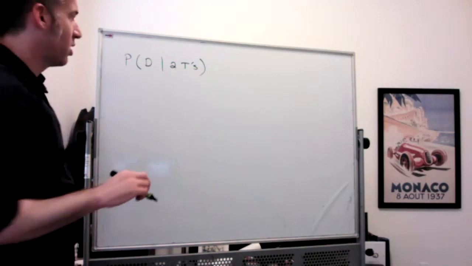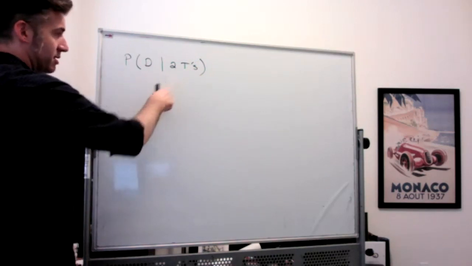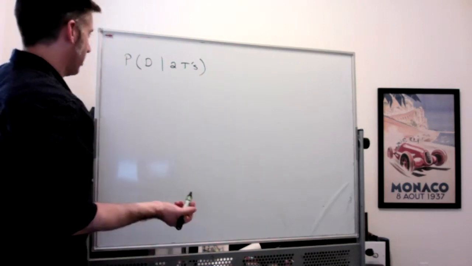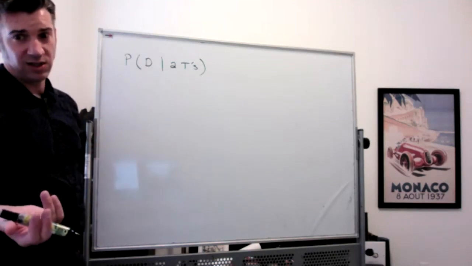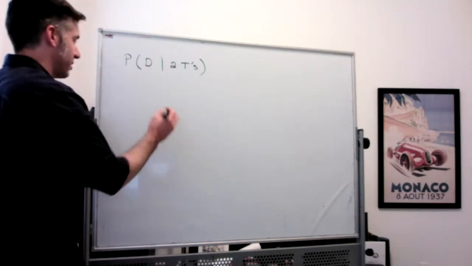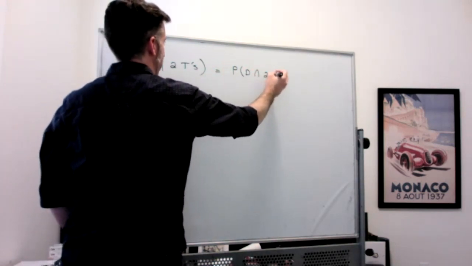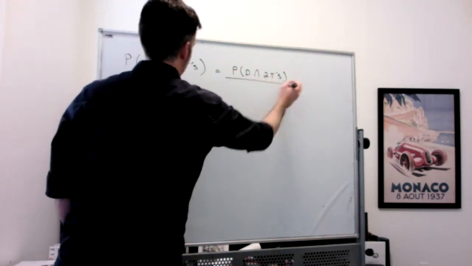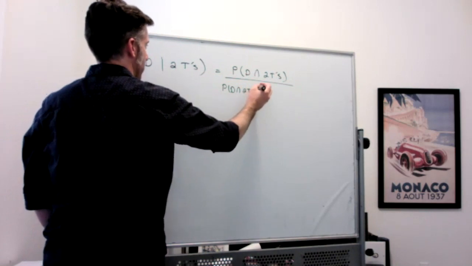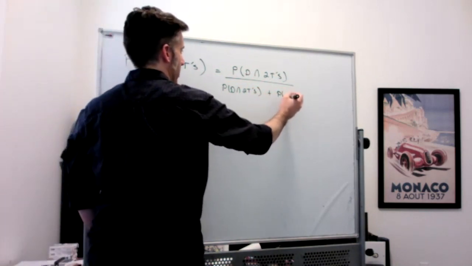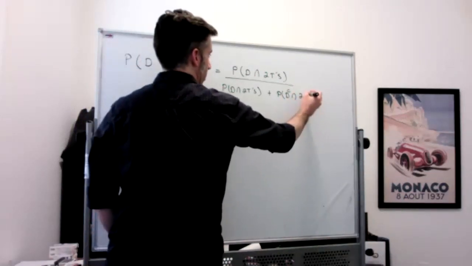Okay, so I want to know this. I don't know that. So I'm going to really just use Bayes formula again. It's going to be the probability of having the disease and having 2 positive tests divided by the probability of having the disease and 2 positive tests plus the probability of not having the disease and 2 positive tests.